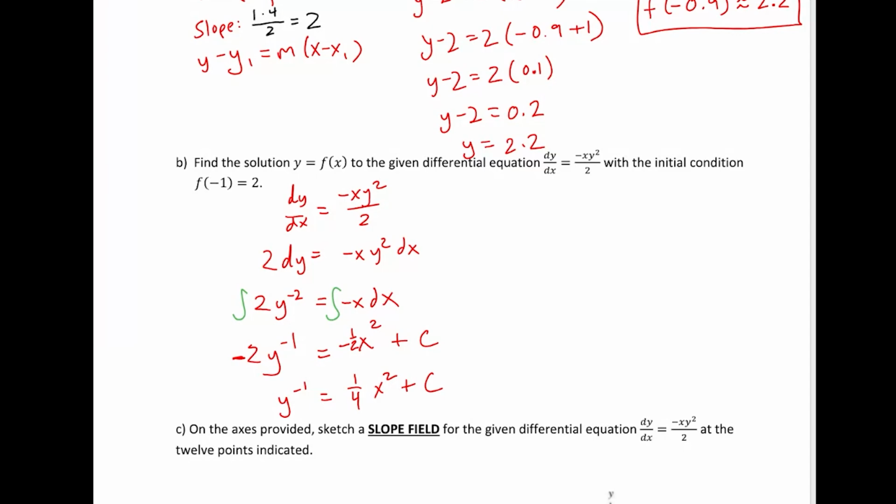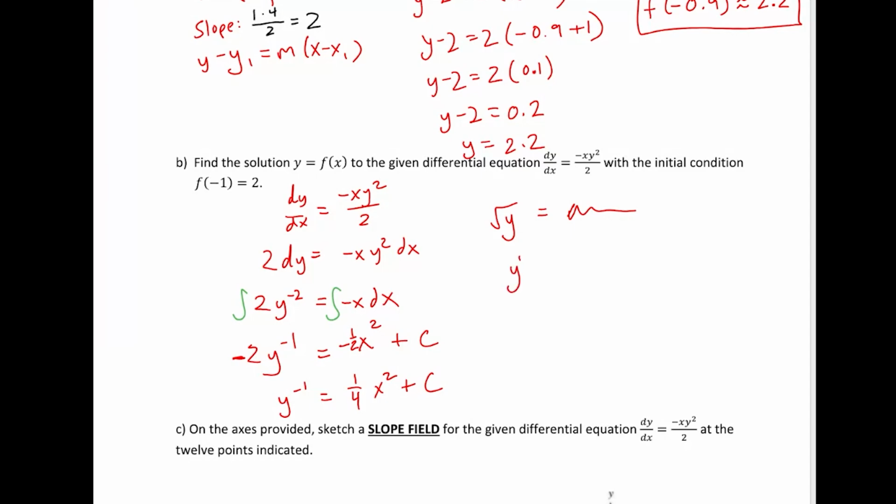Now, the last thing to do here is get rid of that power of a negative 1. And that might be something that you don't do very often. So one way to think about this is, let's say we had the square root of y, and we have something over here, and we're trying to get rid of that square root. So what do we do? We square both sides.